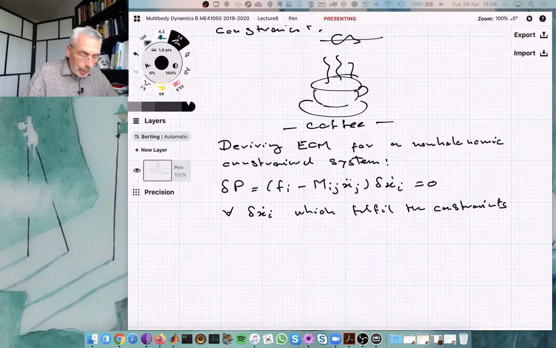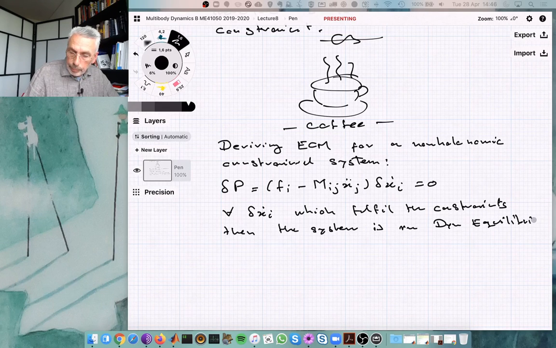Okay, and what are the constraints? If that's the case, then the system, and that is a statement, is in dynamic equilibrium.